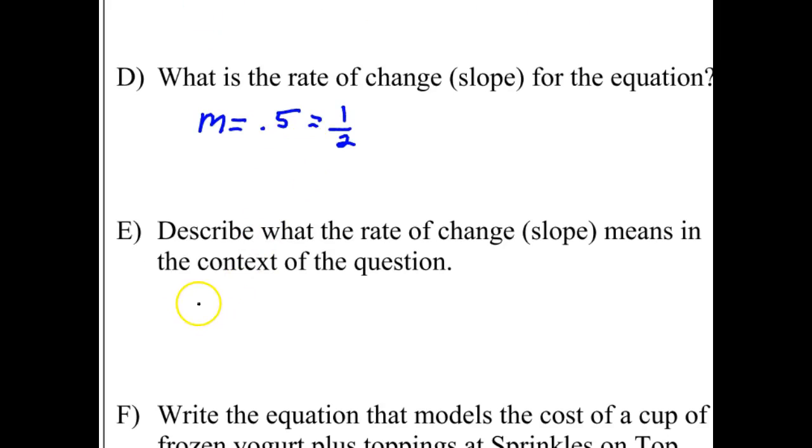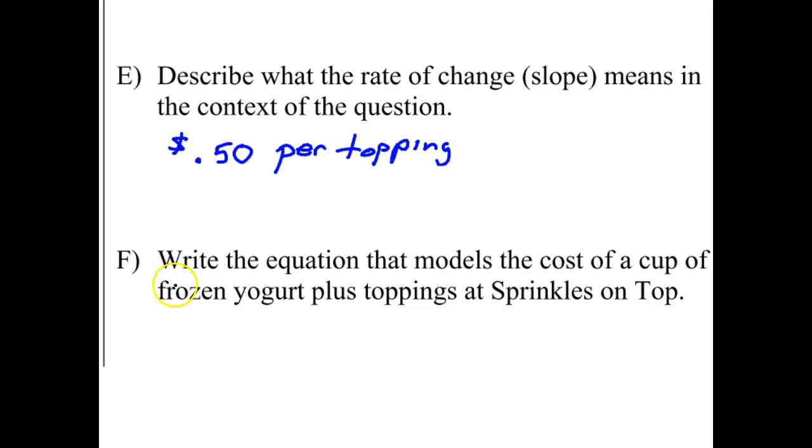Okay, so that means 50 cents, or $0.5, is the cost per topping. So we have our slope, which is 0.5, so y equals 0.5x, and our y-intercept.